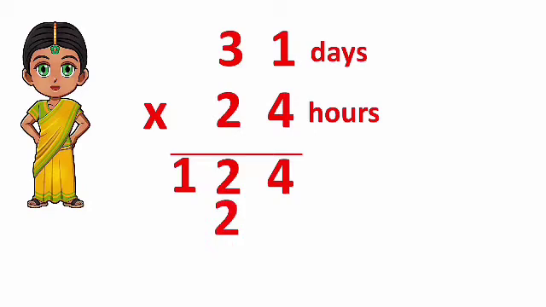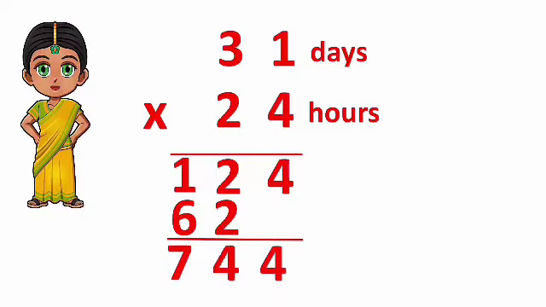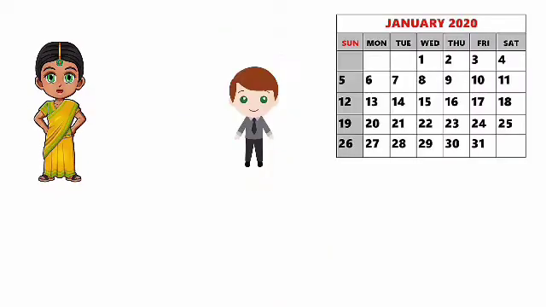We get 2. Write it in tens place and multiply 2 with 3. We get 6. Write it in hundreds place. Add 124 and 62. We get 744 hours. So, for 31 days, there are 744 hours.